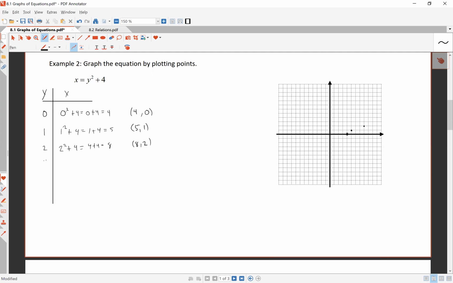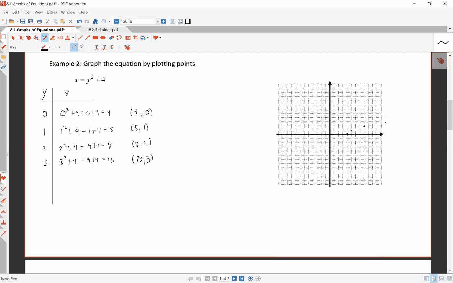If we plug in 3, 3 squared is 9 plus 4, which is 13. And so x equals 13, y equals 3 is just a little bit off of our graph paper. So we can't keep plugging in bigger than that for y.